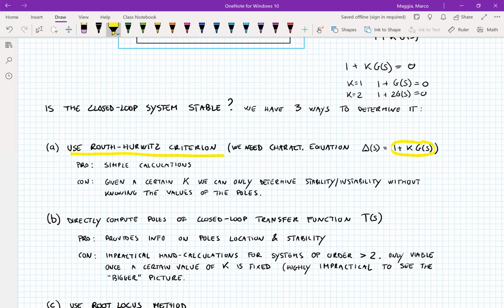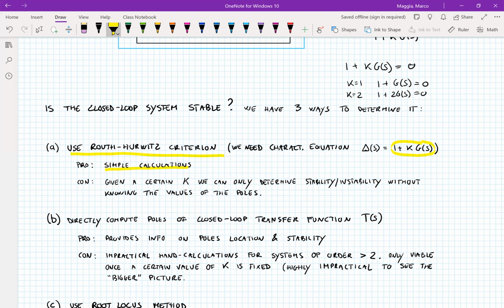What are the pros of the Routh-Hurwitz criterion? It's quite straightforward, with simple calculations. And it gives you information about the stability of the closed loop system for different values of K. If you have just K, you're going to find a range of values for K for which the system is stable, and possibly another range of values for K for which the system is unstable.